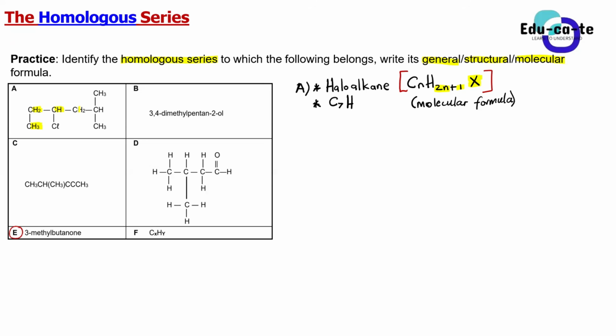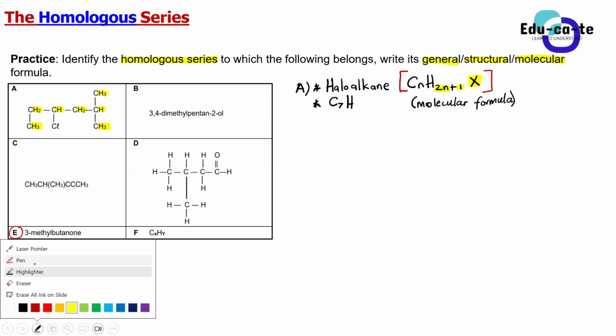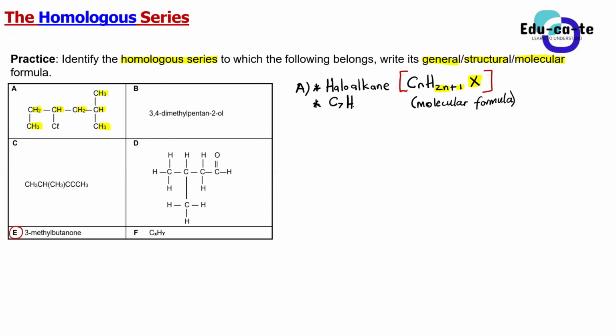Here we've got 2 hydrogens, that's 6 plus 2, 8 hydrogens. Here we've got 3 hydrogens, 8 plus 3, that's 11 hydrogens. Here we have 1 hydrogen, that's 12 hydrogens. Here we have 3 hydrogens, 12 plus 3 will give us what? 15. Yes, 15, guys. So we have 15 hydrogens in total.